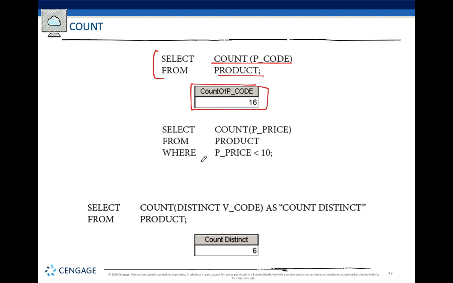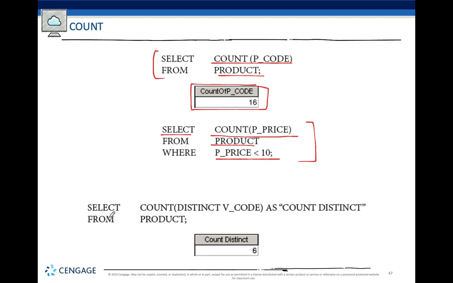For example, here, select count p price from product where p price is less than 10. So this query would answer the question, how many prices do we have that are less than $10?